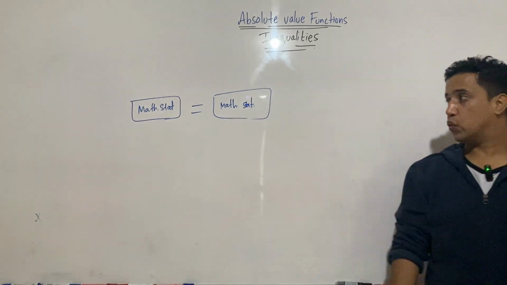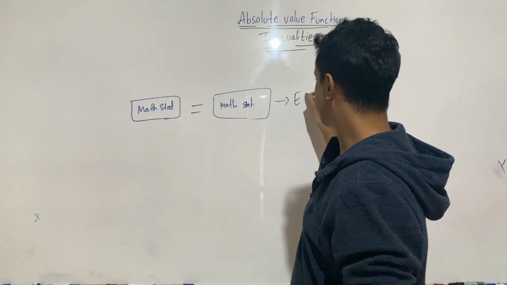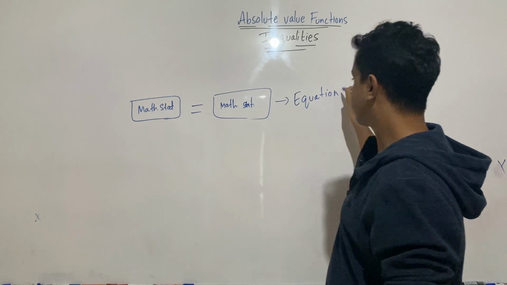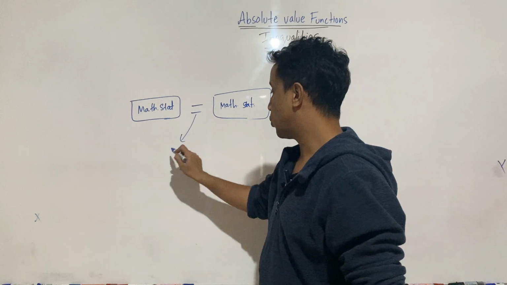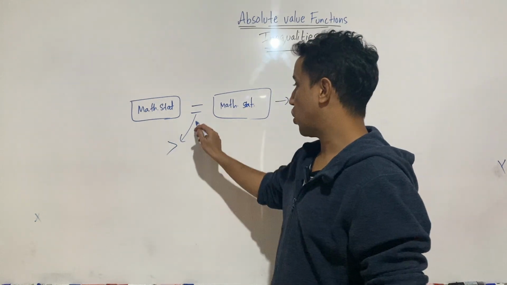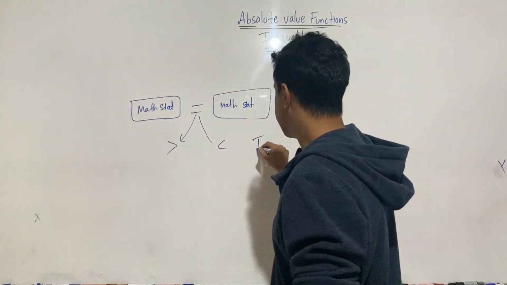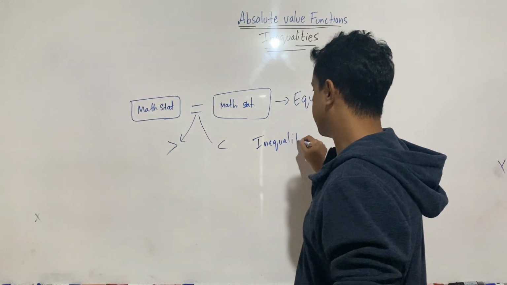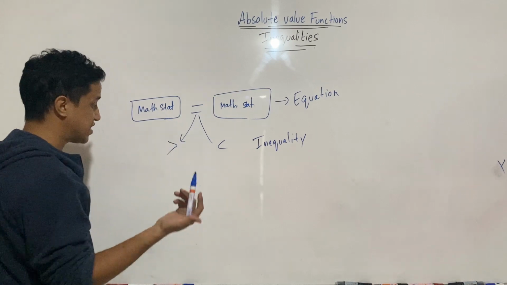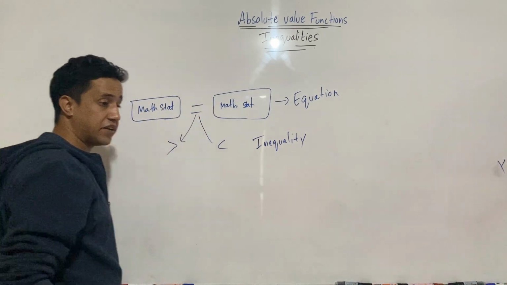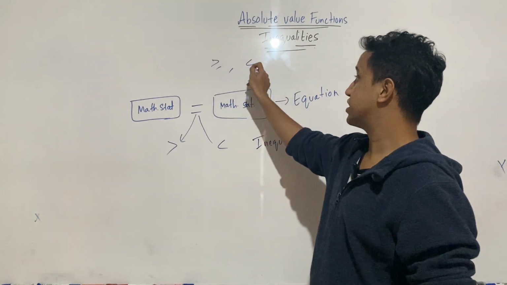But when we replace this equal to sign with greater than or less than, then it becomes an inequality. Sometimes you may see signs between two mathematical statements like greater than or equal to, less than or equal to.